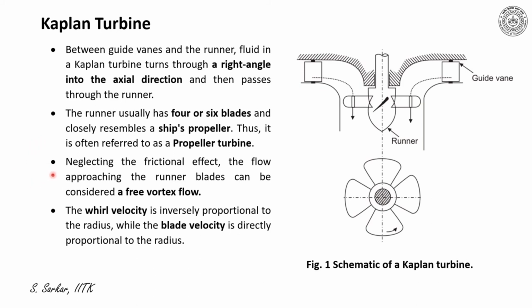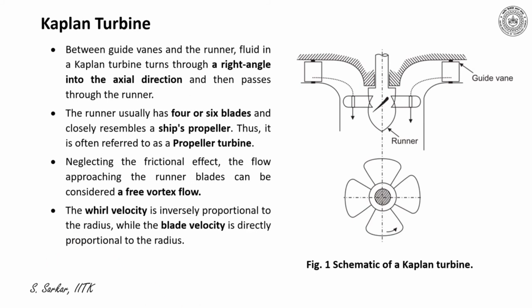Neglecting the frictional effect, the flow approaching the runner can be considered as a free vortex. Thus, the whirl velocity is inversely proportional to the radius, while the blade velocity is directly proportional to the radius.